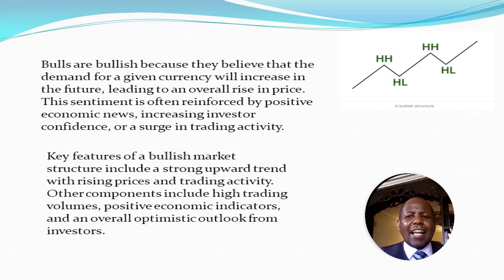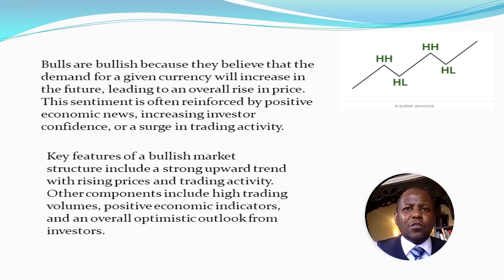So investors at this particular time are feeling that bullish sentiment, and they have a mood of buying, because they are seeing that one currency is going to become stronger than the other, to their benefit, of course. So that forms a certain structure.